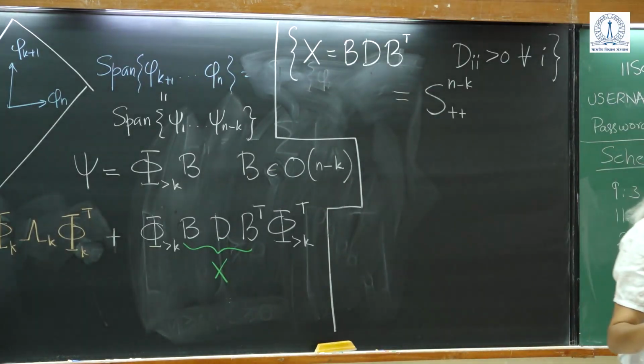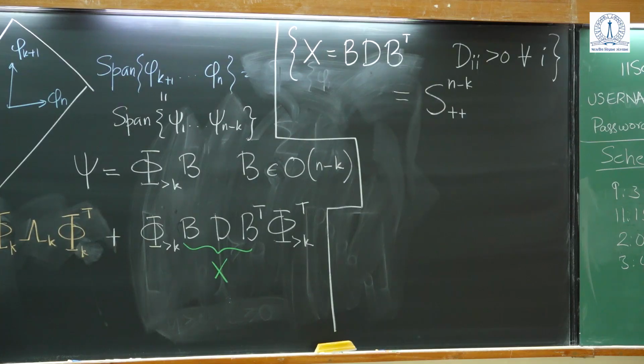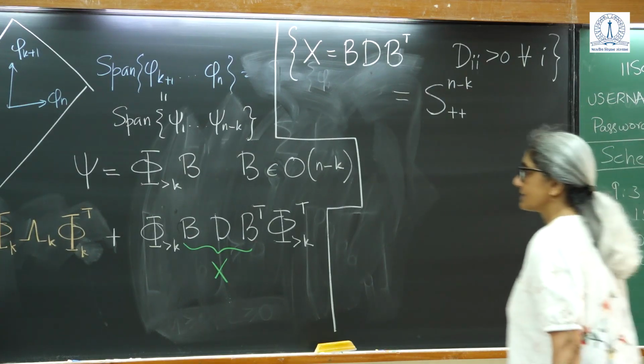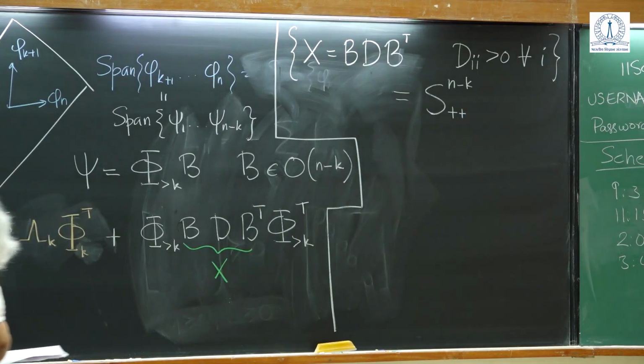Do you agree? I haven't yet imposed that all the diagonal entries have to be bigger than lambda k. If all the diagonals are positive and you look at B D B transpose, that's exactly the space of all positive definite matrices.